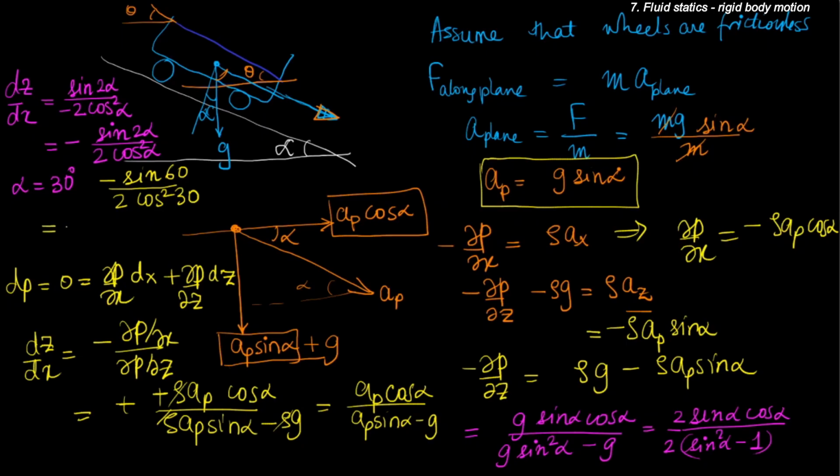So sin 60 is root 3 upon 2, and we have a half from this term, and cos square 30 is going to be square root of 3 upon 2 whole square, so this is going to be 3 upon 4. So these terms cancel and it becomes minus 1 upon square root of 3.